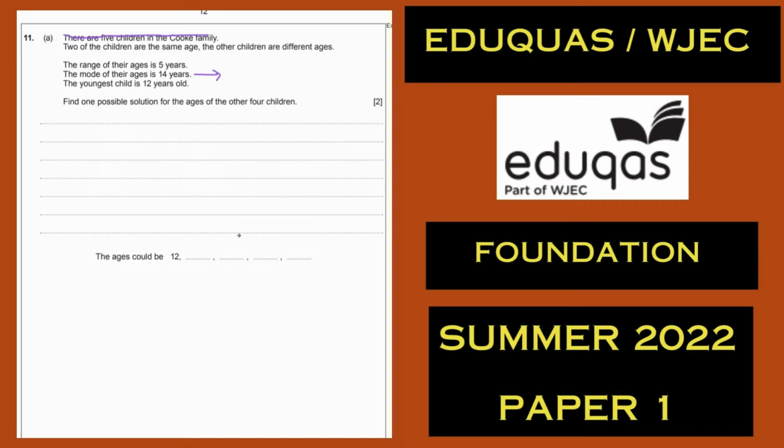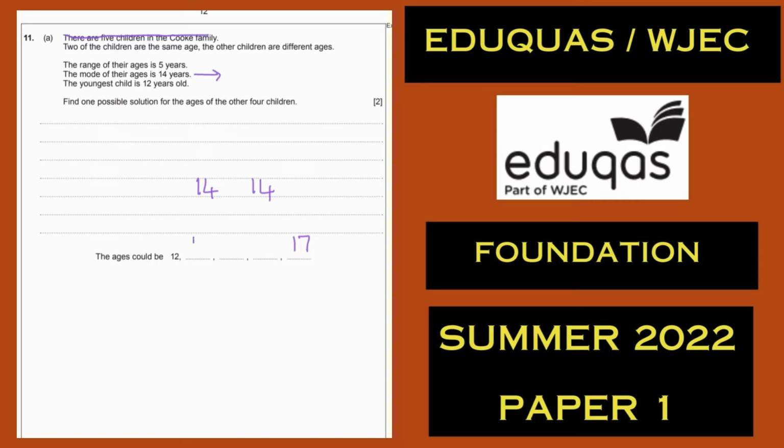If the mode is 14, there has to be a couple of 14-year-olds. The range is 5. Well, if the youngest is 12, the oldest, you can stick it straight in, is 17. There's no other restrictions. So where you put these 14s are up to you as long as they're adjacent and not with a gap. So there are multiple correct answers here.